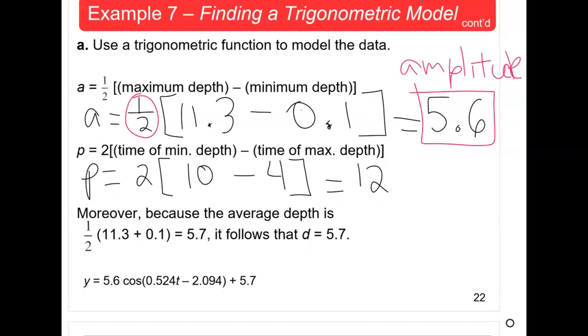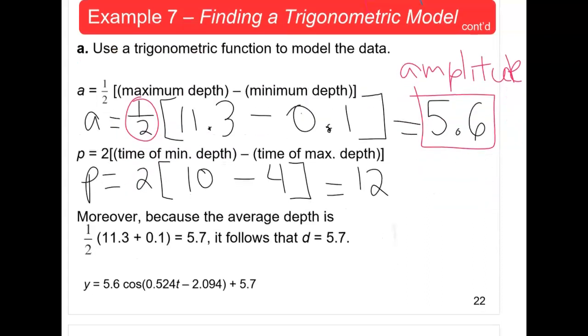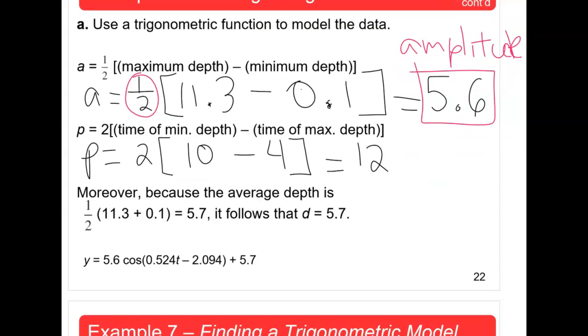Now, we need to find the midpoint between the minimum and the maximum. And remember, what do we need it for? Because we need to see where our graph will be reflected. You can see the answer here is 5.7. So that is going to be the midline that your graph will be oscillating with respect to.